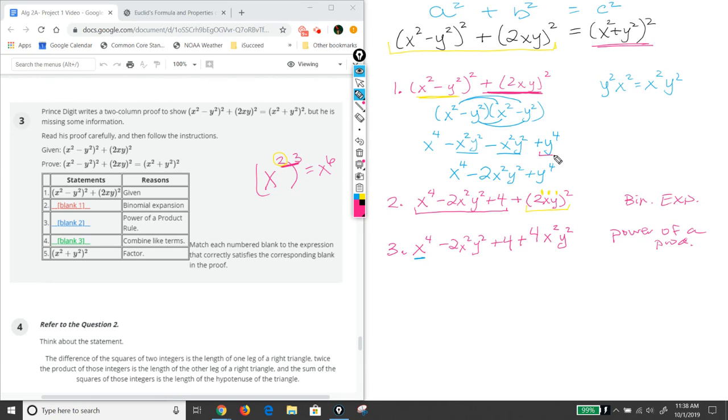I was not writing my y to the fourth. I was just writing the 4. So let me fix that right quick. That would have sucked. Boom. Okay. Little mistakes always catch me, but that's okay. I caught it. We're moving on.